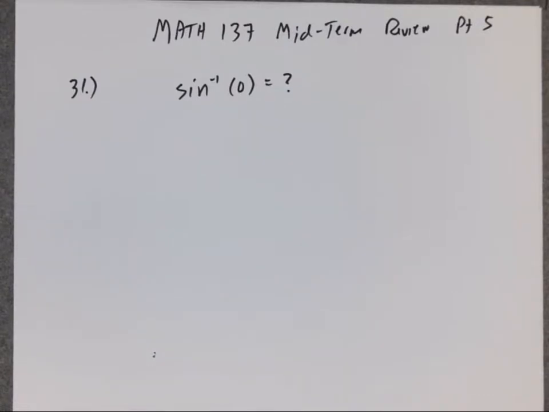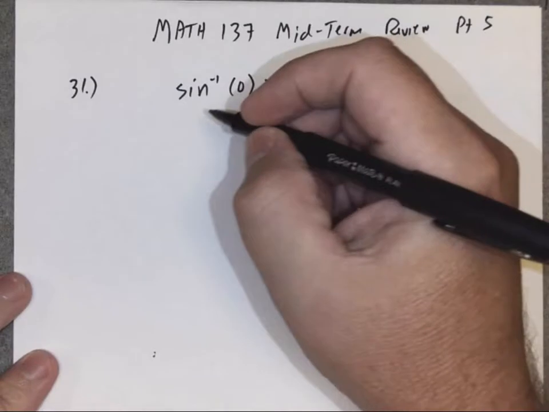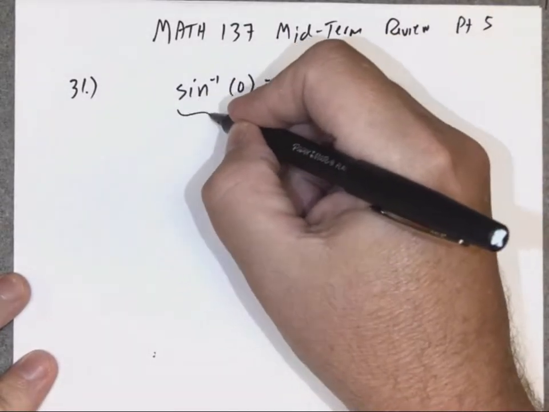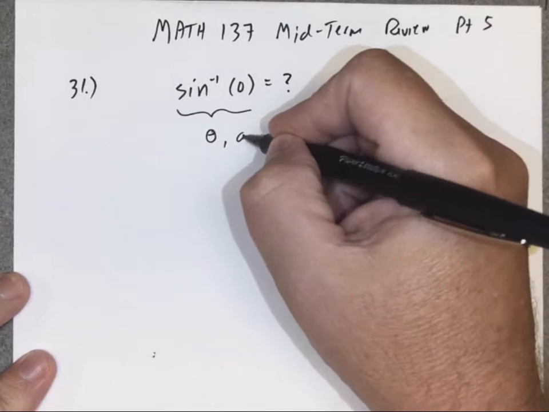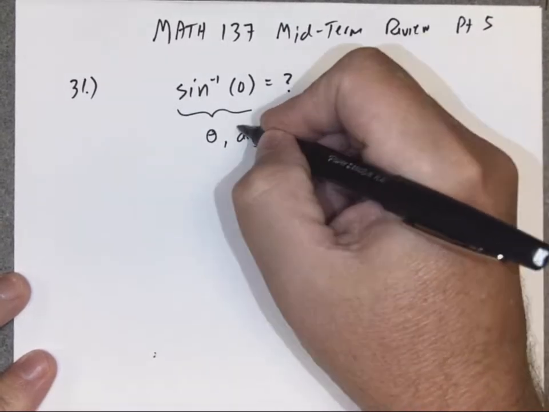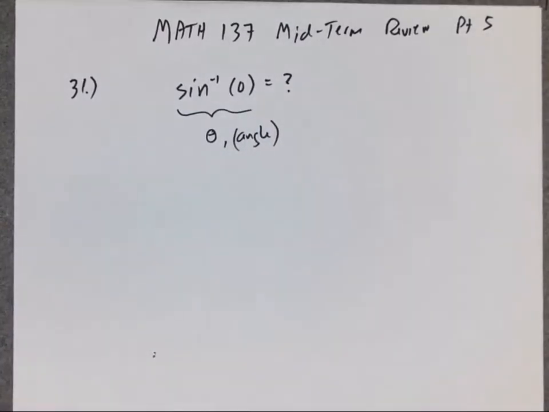What I always tell myself whenever I have an inverse function, I keep reminding myself this whole thing is going to equal an angle. Now the tricky thing about inverse trig functions is there are limitations on what the answer can be.